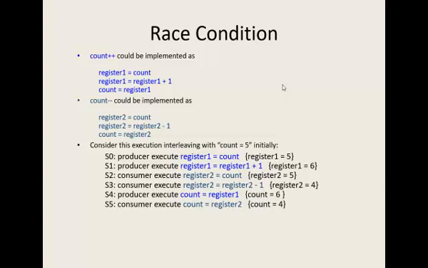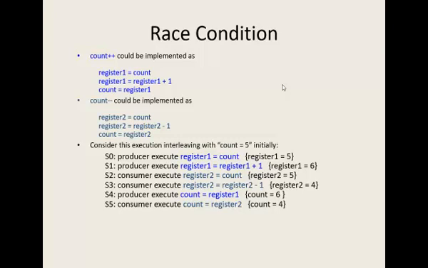The next step would be copying the counter value again to register 2, and then decreasing the value by 1, right? So now register 1 value is 6, register 2 value is 4.